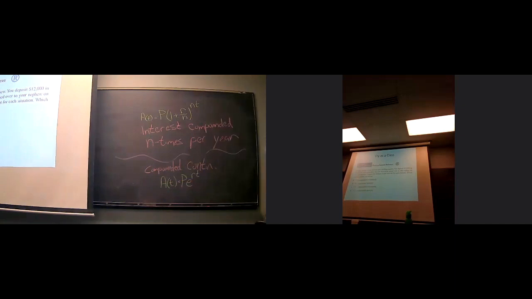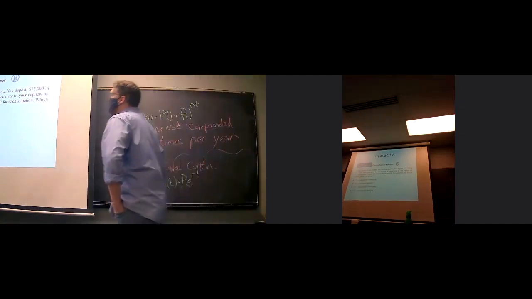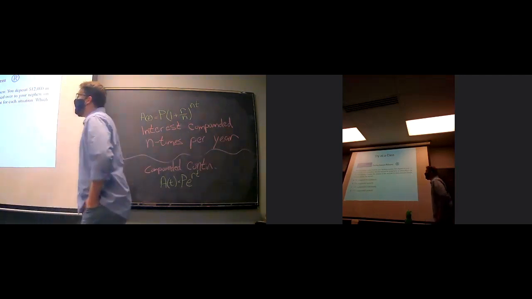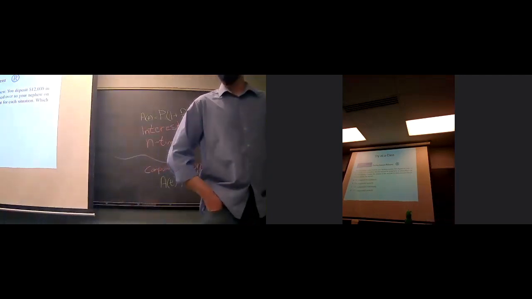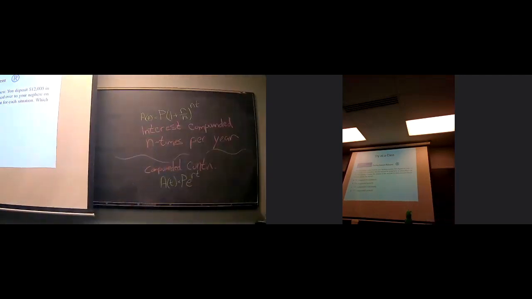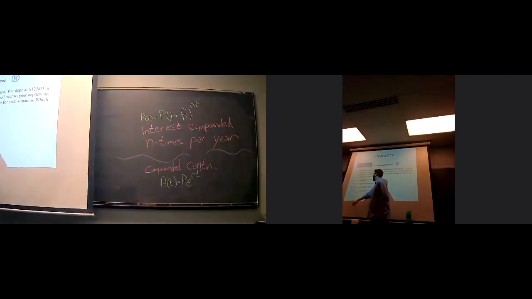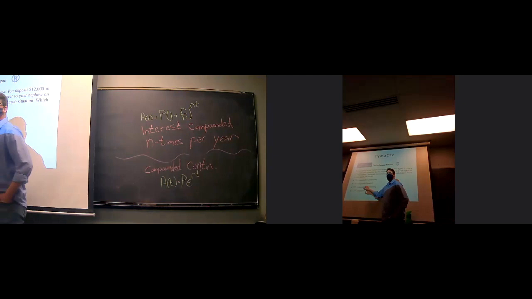So, in 25 years, we're going to compare the balances based on four different criteria. The first, you have 7% interest compounded continuously. The second is 7% interest compounded quarterly, and then 11% same conditions.